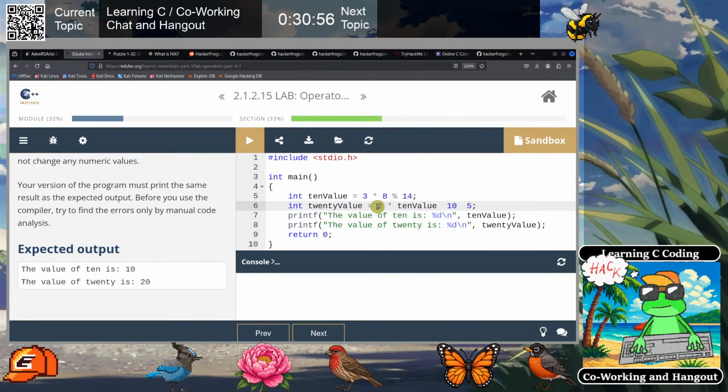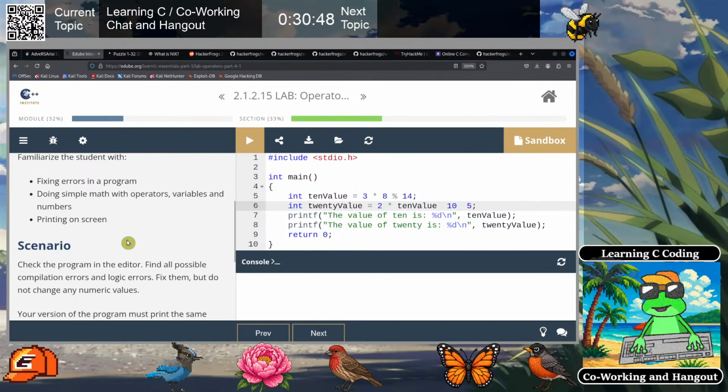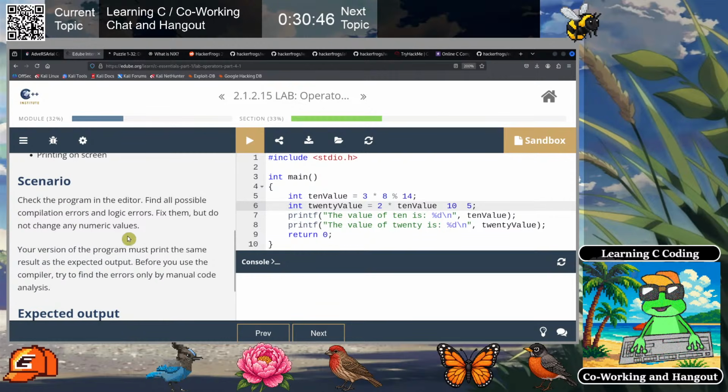Two times 10 value. Okay, fix them, but do not change any of the numeric values. So we can't change these numeric values when we're editing the code.